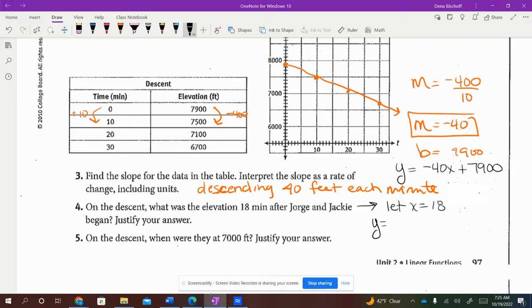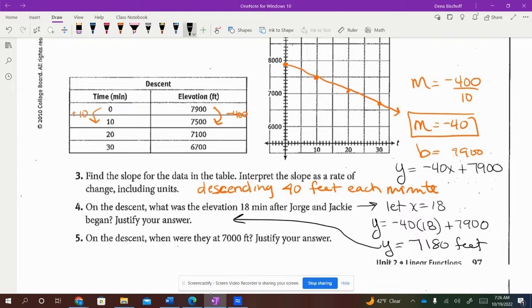So y, my total elevation, is negative 40 times 18 plus 7,900. So our elevation after 18 minutes was 7,180 feet.